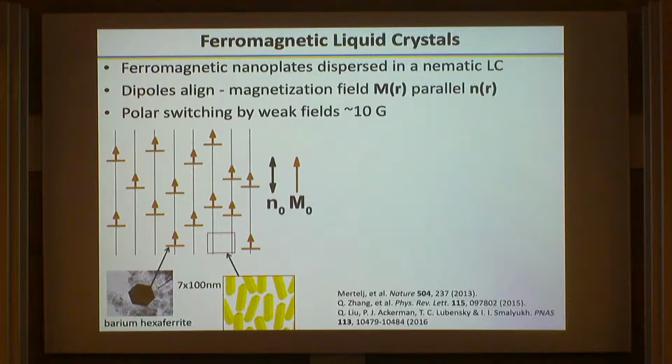And so the system we'll discuss in which we'll realize these solitonic structures are ferromagnetic liquid crystals.